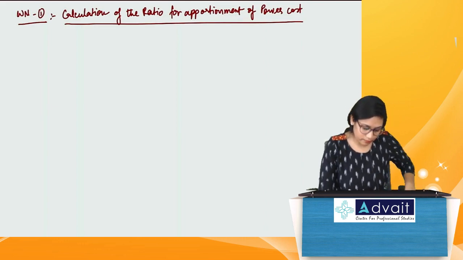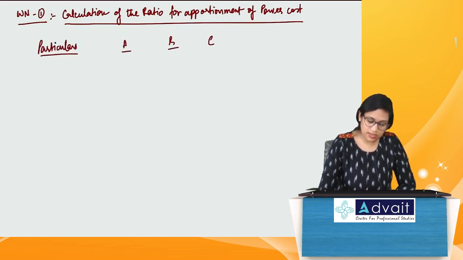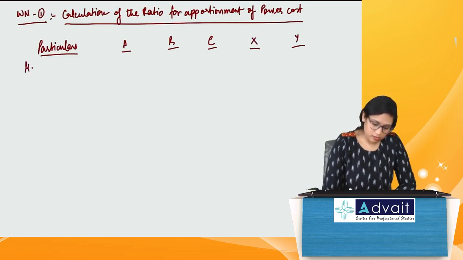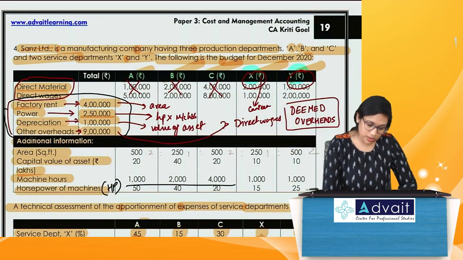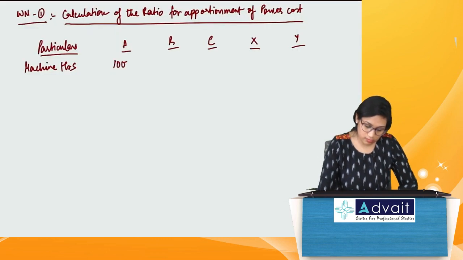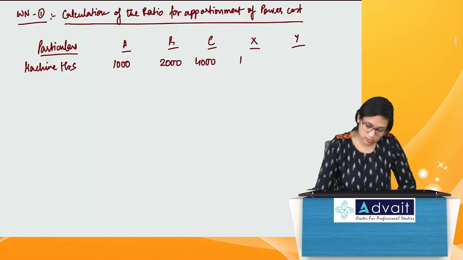Particulars A, B, C, X and Y. So machine hours. Guys, what are the machine hours given? 1000, 2000, 4000, 1000.